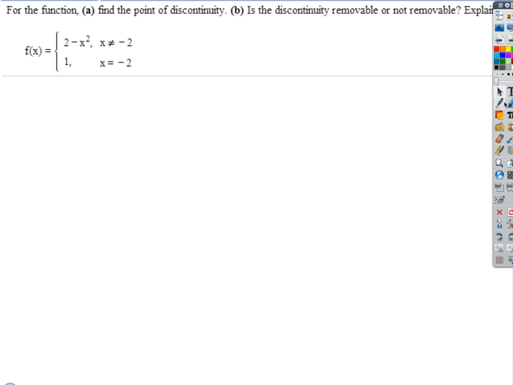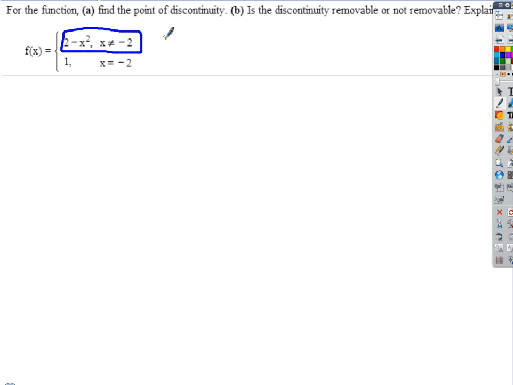We could just see what's the limit of this top part. Here's the other approach we could take, right? We could say what's the limit of that part of the function as x approaches -2. In what case would it be continuous? That 2 minus x squared is the function f of x every place except at -2, right?